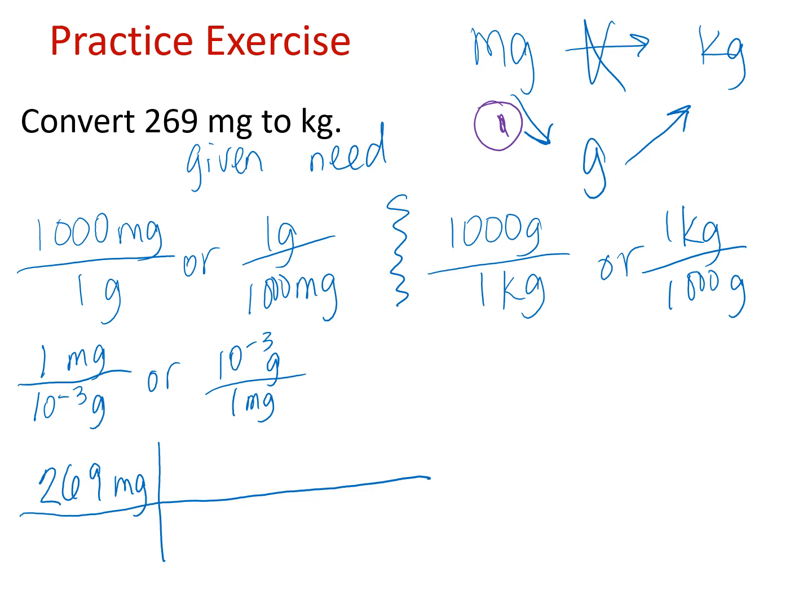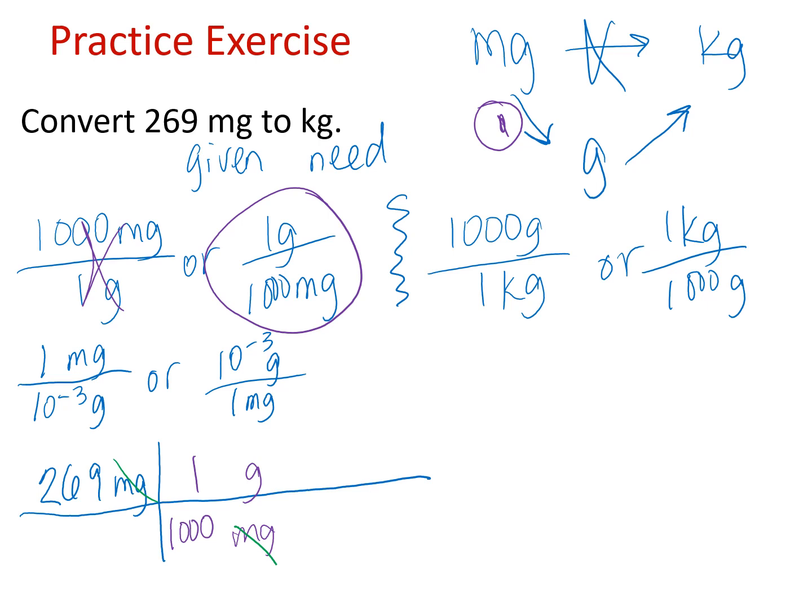I need to get rid of the milligram, so I need milligram on the bottom to go to the gram. So that eliminates this conversion factor, which leaves us with this conversion factor. So for every 1,000 milligrams, that's the same as 1 gram. At that point, my milligrams have canceled.